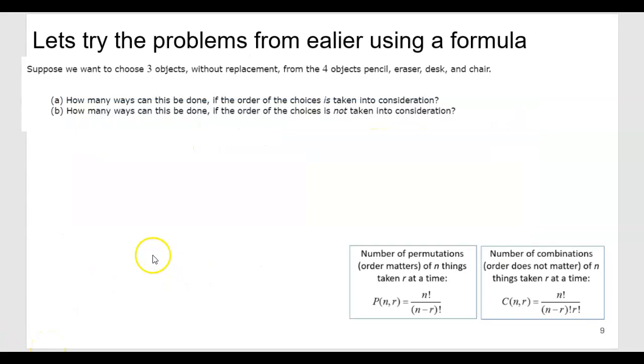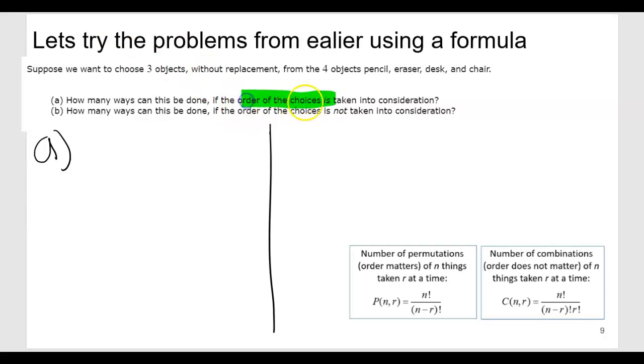Okay, let's try the earlier problem that we just did about the pencil, eraser, desk, and chair. Let's try the same problem using these formulas. So if I have A, order does matter, so I'm going to use this equation.